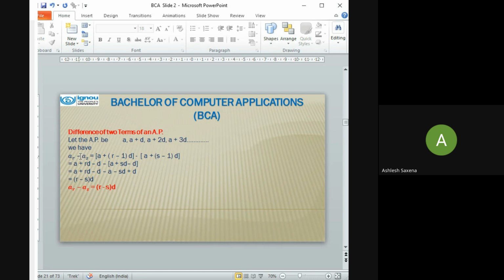We have the formula of An, A plus N minus 1 into D. You will be replacing N by R here, and here you will be replacing N by S. Open it up, everything will be cancelled. You will get R minus S into D. This is the formula for the difference of two terms of an AP.